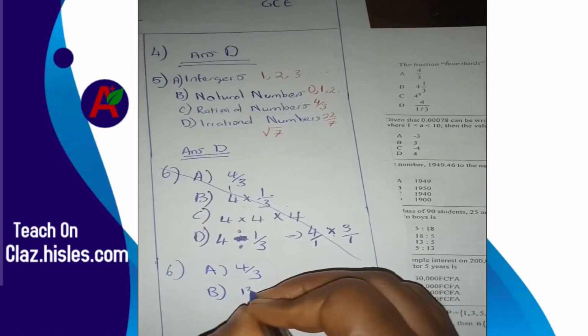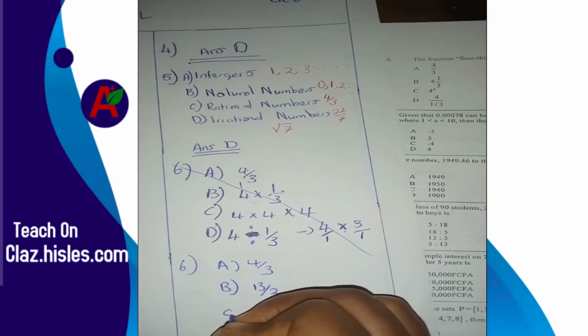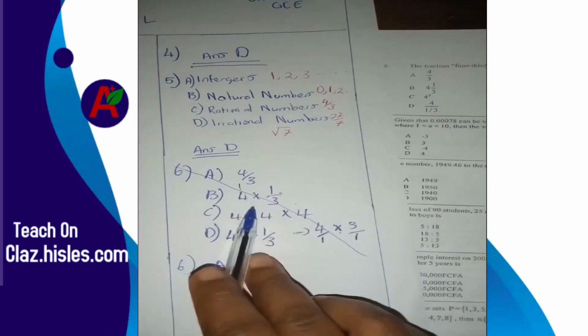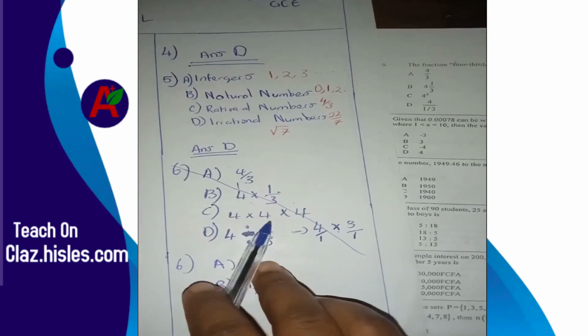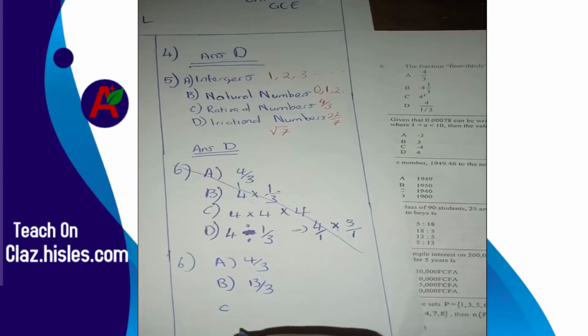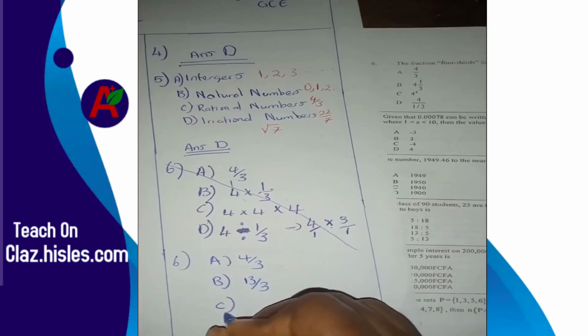So B means 13 on 3, and then C, that's 4 cubed. So 4 times 4 is 16. 16 times 4 is 64.